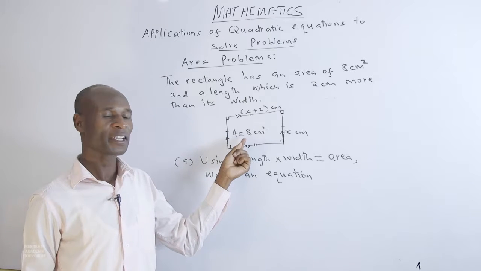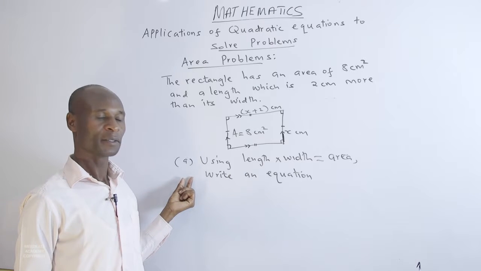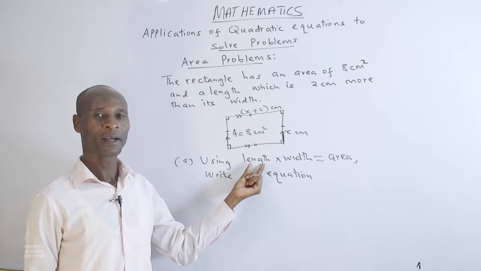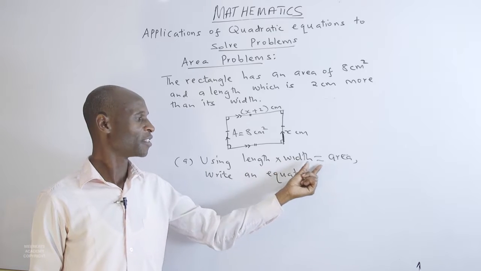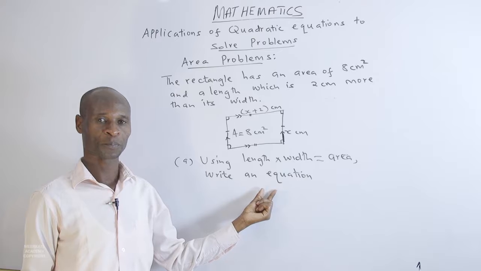The area of the rectangle is 8 square centimeters. Then in part A, using the formula length times width is equal to area, write an equation.